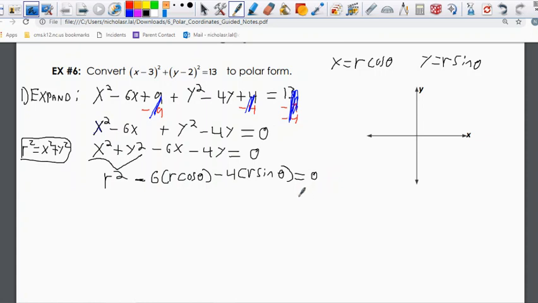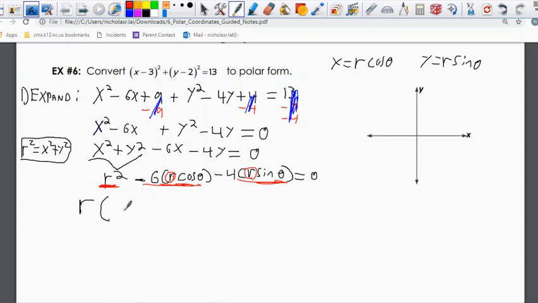So now we can factor out an r, because if we factor out an r, we will have r times, so we factor out an r out of our first term, our second term, and our third term, because we have an r in r squared, we have an r in r cosine of theta, we have an r in r sine of theta.